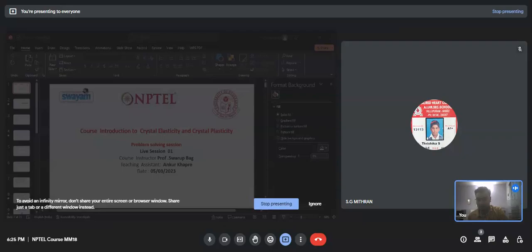Now we'll start with our BCC crystal. Here you can see the linear densities.